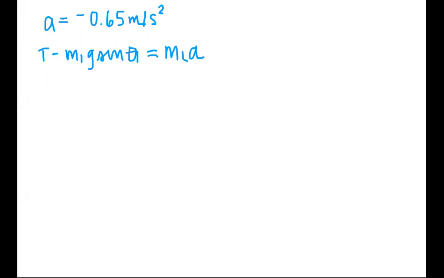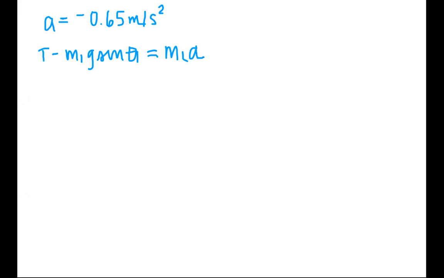We don't even really need to use the second one because these are all variables we have. We know what m1 is equal to, we know what gravity is, and we know what theta 1 is equal to, and we've just calculated acceleration. So if we plug all of that in, we can solve for tension. We also remember that another reason we don't need the second equation is because, as we said in the beginning, the tension is equivalent.